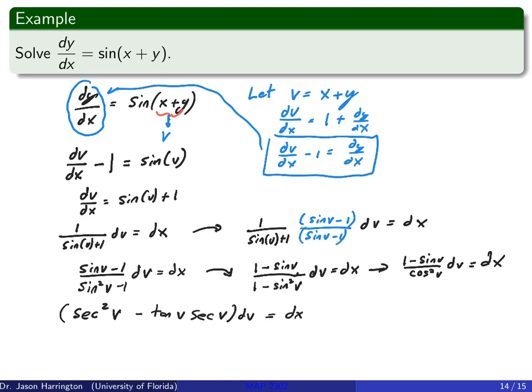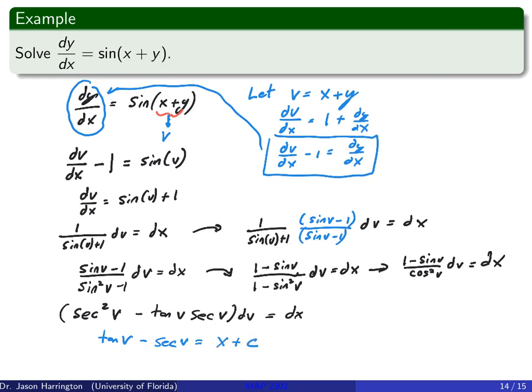Okay, now let's integrate both sides. Now the good news is that these are nice integrals. So on the left-hand side, we're going to get tangent of v minus secant of v is equal to x plus c.